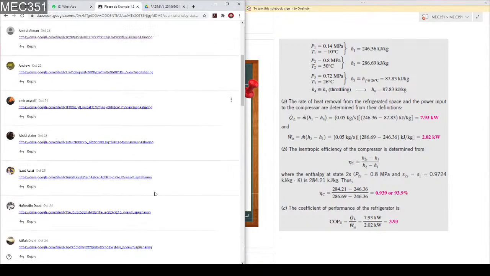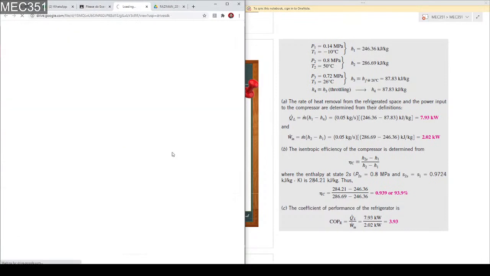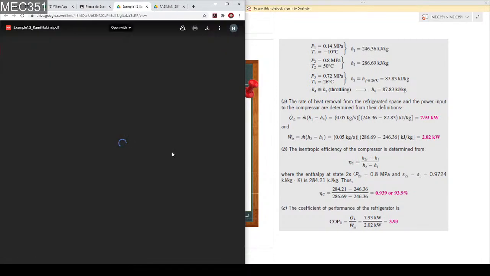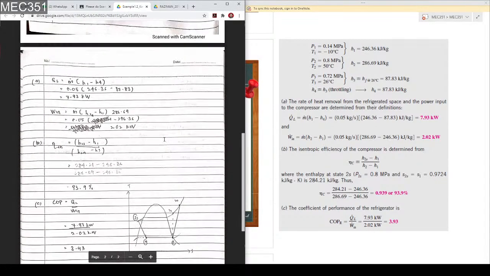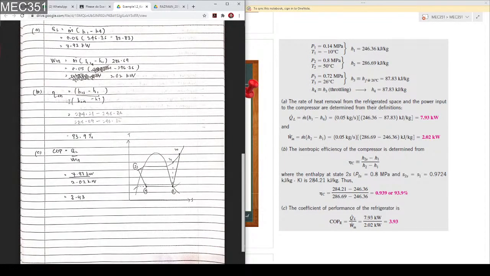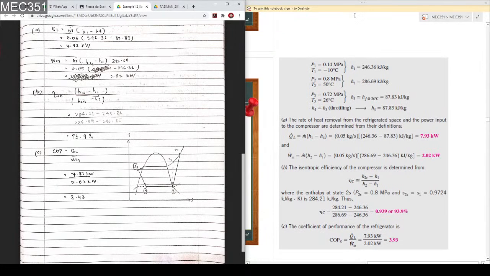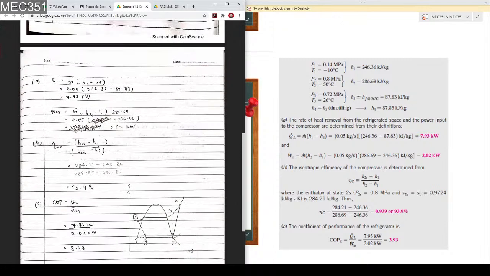I try to pick someone else. Kamil Hakimi. Okay, Kamil Hakimi, the final answer is 3.93. Yes, it's correct. Isentropic efficiency is also correct, 93.9.